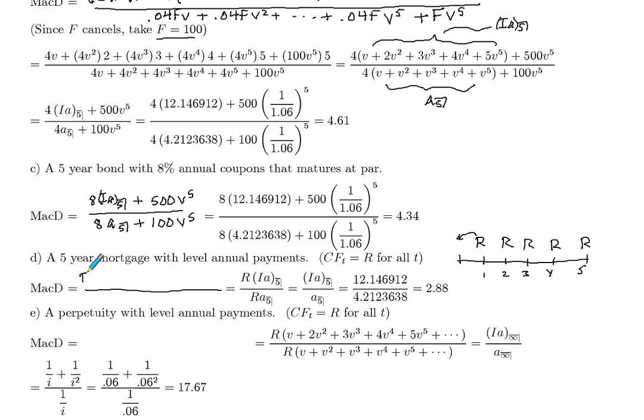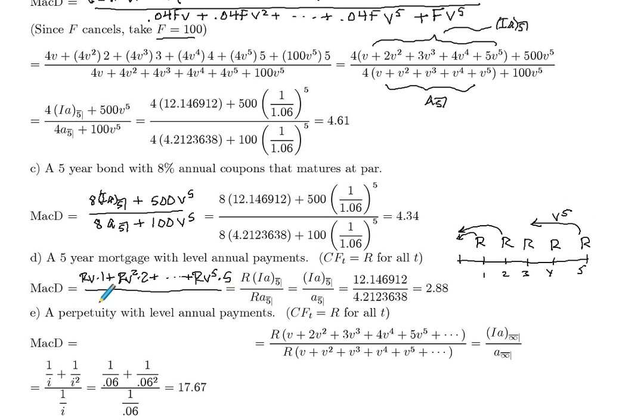So we get Rv, multiplied by 1, plus the present value of the second cash flow, brought back with a v squared. So Rv squared times 2, plus up to the last one, Rv to the 5th. This one gets brought back with a v to the 5th, and that present value is the weighting of the duration 5.